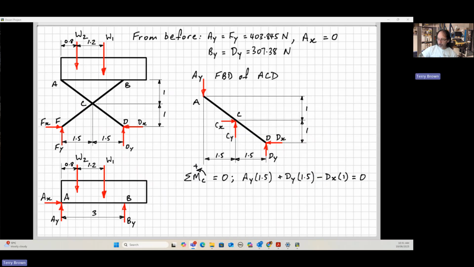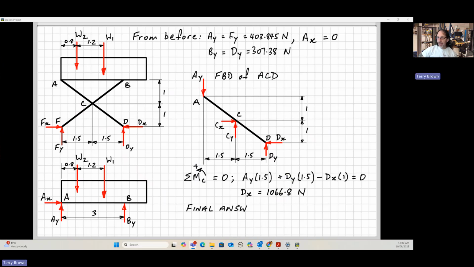Okay, so they're all the moments about point C for that free body diagram, so we can rearrange that and do the maths. I just left out a line here, but all I've done is substituted AY that we found before and dy that we found before into here and solve for dx.